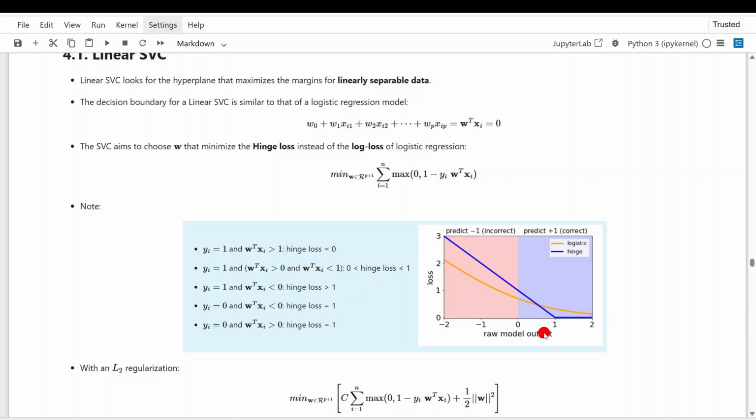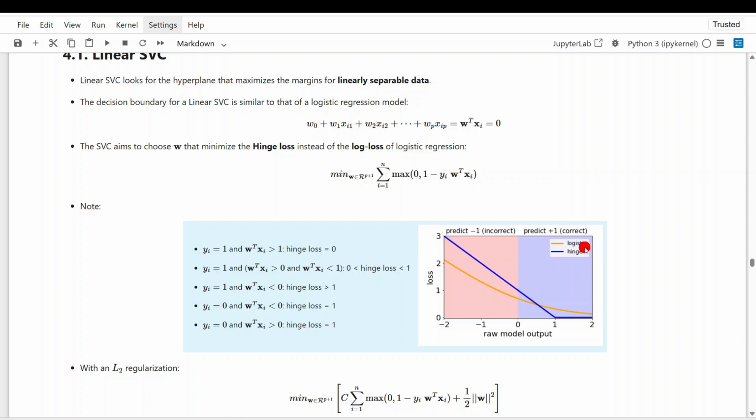Specifically, if the raw model output is between 0 and 1, the hinge loss is again between 0 and 1. But if the raw model output is less than 0, in that case the hinge loss is a value greater than 1.